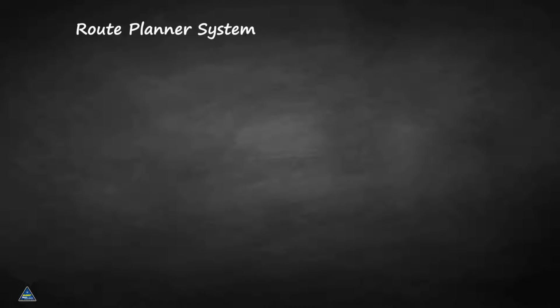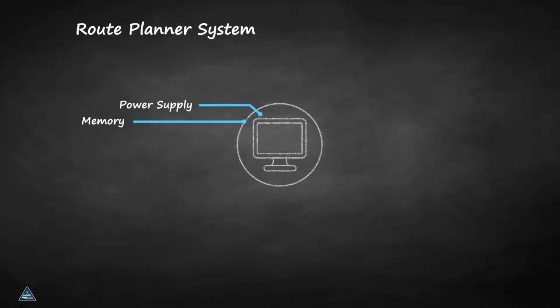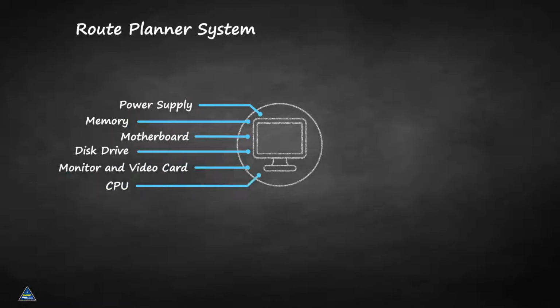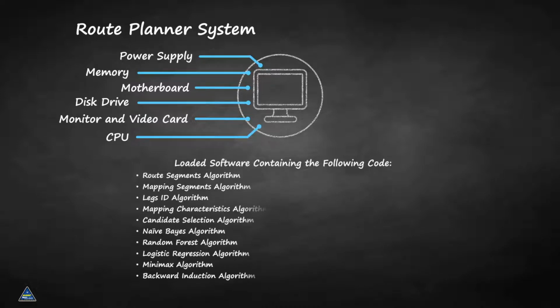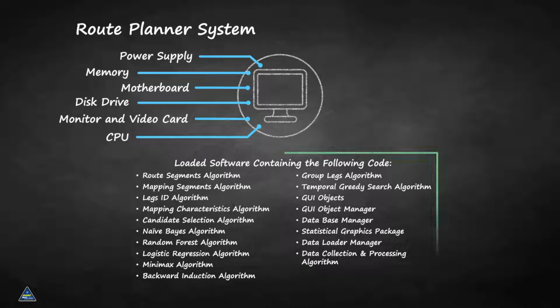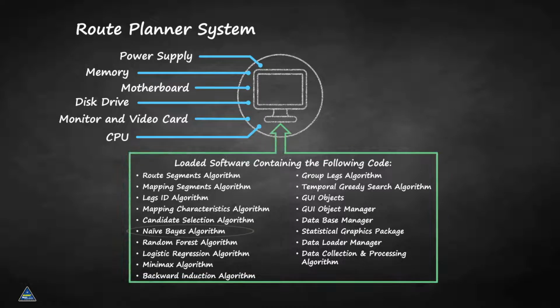Now the other autonomous system is the route planner system. The route planner system obviously had the hardware aspects to analyze, and the route planner also had software functions. And if you look down the list, on the first column, you'll see naive Bayes for classification, random forest, minimax algorithm. So along with the other non-AI functions, it created a system.